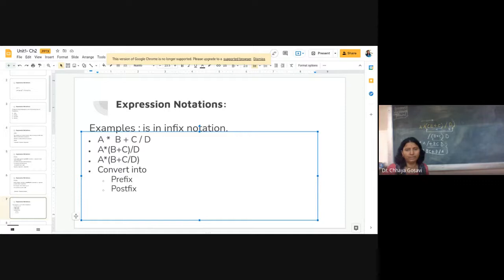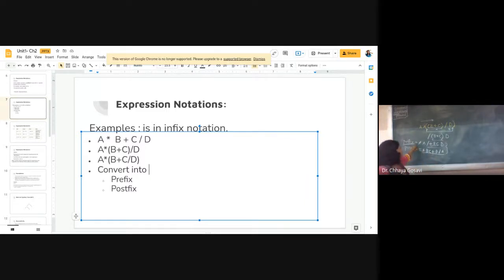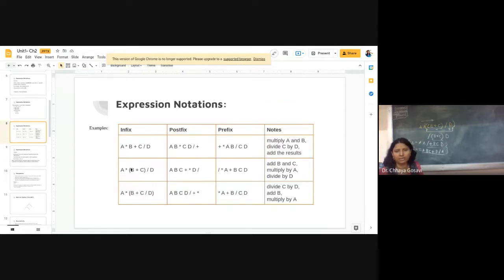Can you do the opposite? If prefix is given, can you get infix expression or postfix expression? Or if both are given, prefix and postfix, can you get this expression back? Note that in prefix or postfix we are not using brackets. If this is given, are you able to get infix expression?